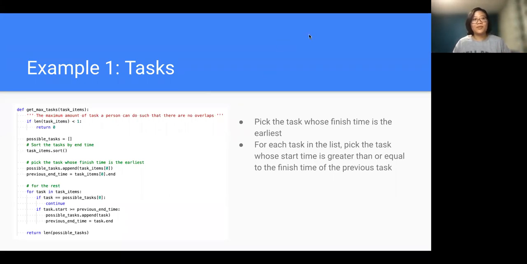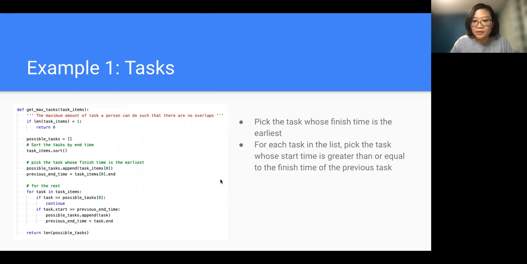You come up with a way to group your items in some sort of list which you can go through. In some cases it might not be a list, it could be an array or some other data structure, and you want to go through these items and effectively make a decision: am I going to go with this or with that? In this case, we considered the property of the tasks, which is their start and end time. Does that make sense?